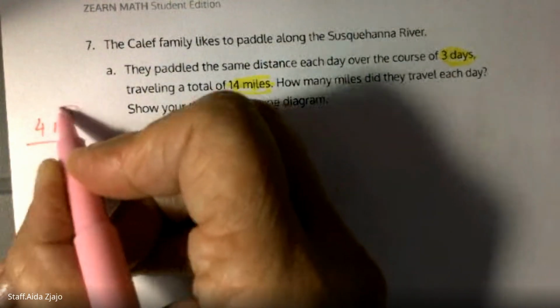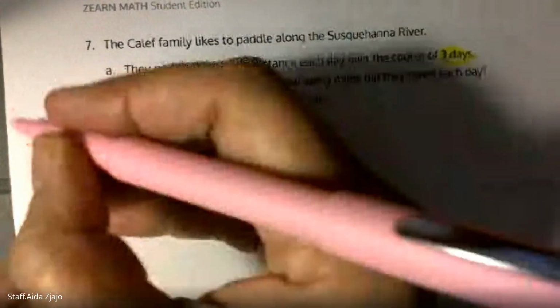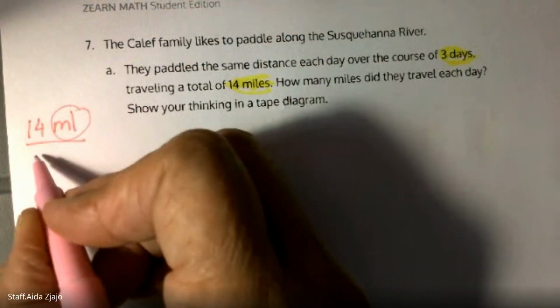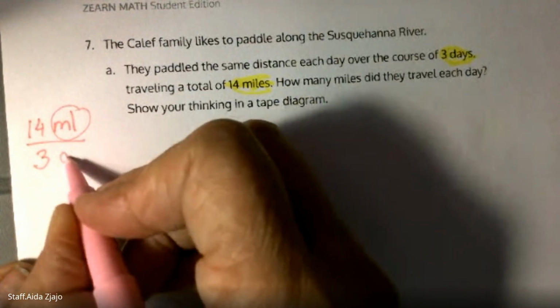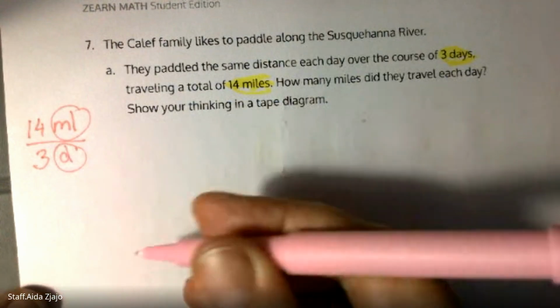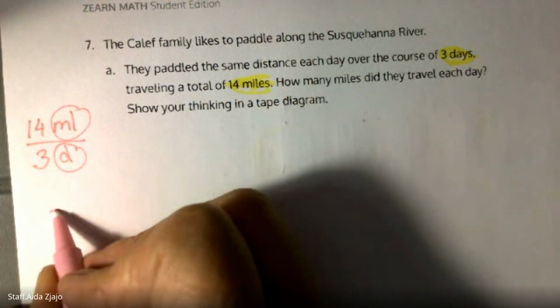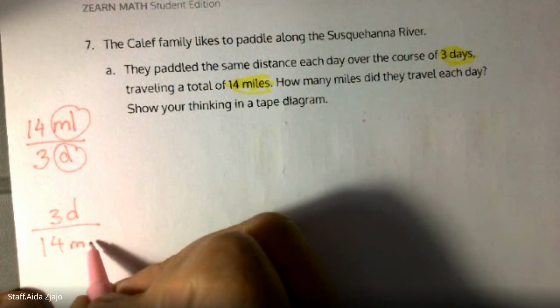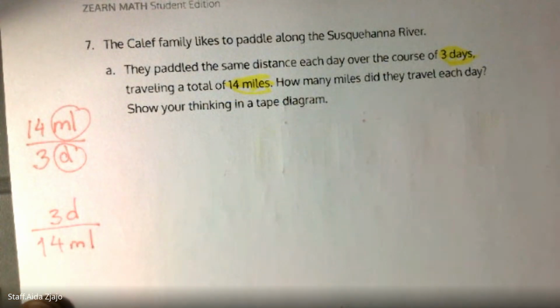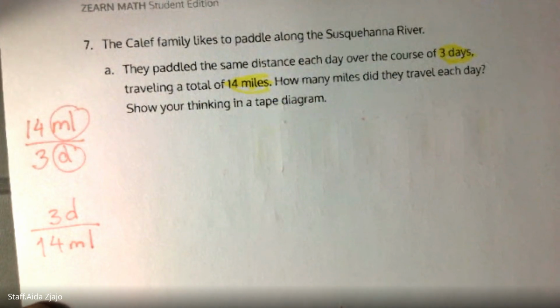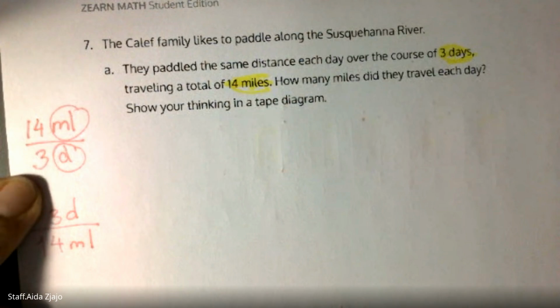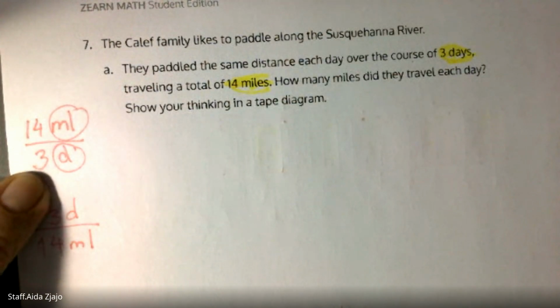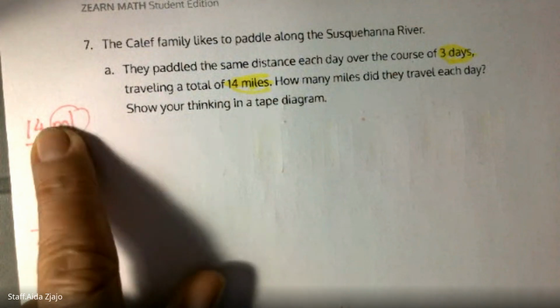Thinking that if you have 14 miles and you divide into 3, you can think 3 times what makes close to 14.